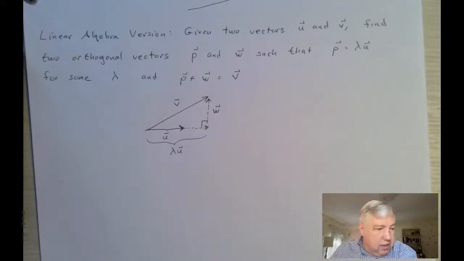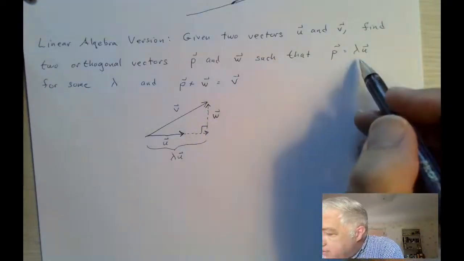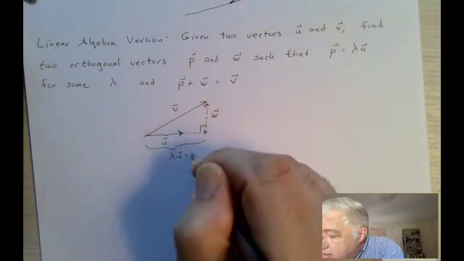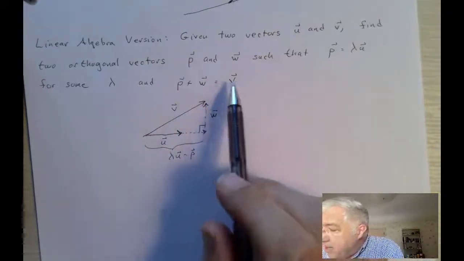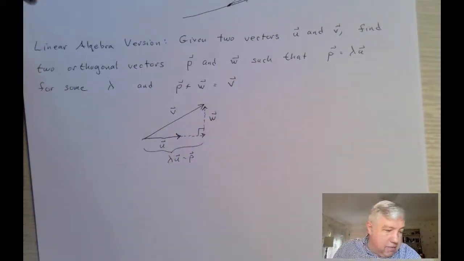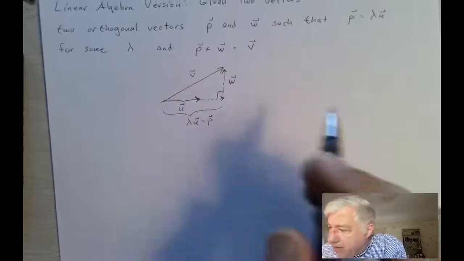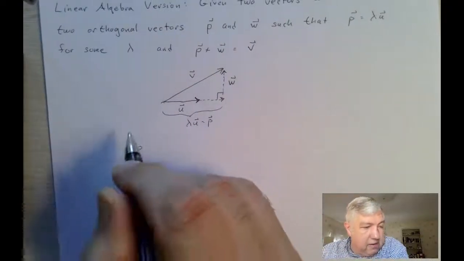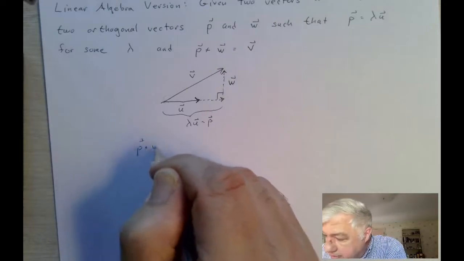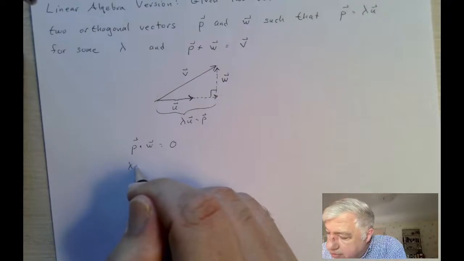Well, we remember that we want p to be lambda u, and we want p and w to be orthogonal. So here's the way we go. We want the dot product of p and w to be 0, and we said p is lambda u.